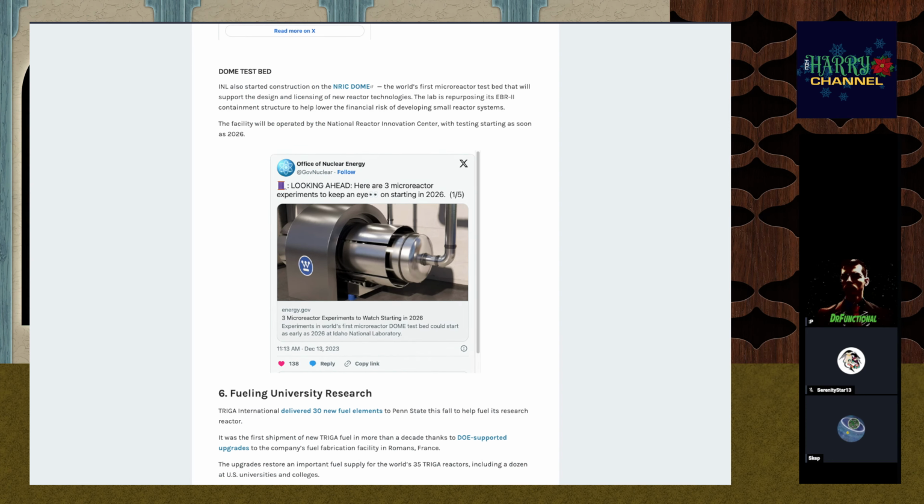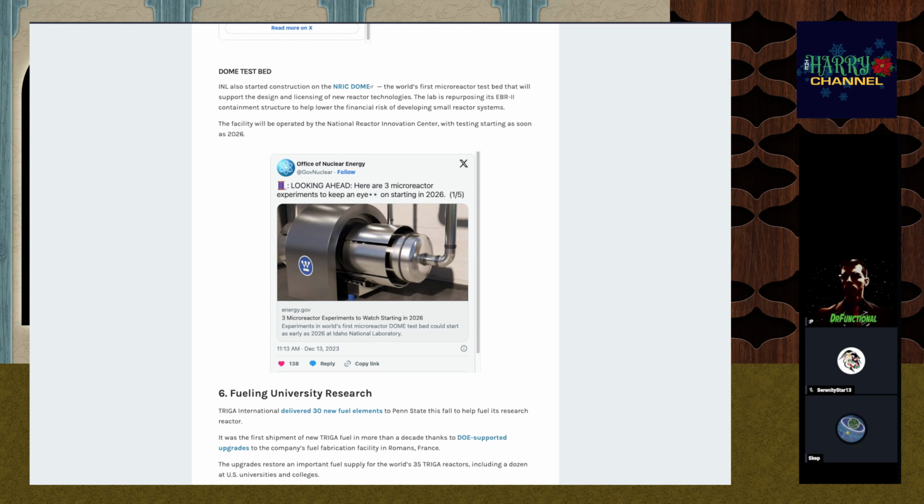Did you see this little guy here, the micro reactor? Is that the one from Japan? No, this is the... what is this? Okay, it's a new microreactor. The NRIC DOME, the world's first microreactor testbed that will support the design and licensing of new reactor technology. It's like what's on a ship, but even smaller.